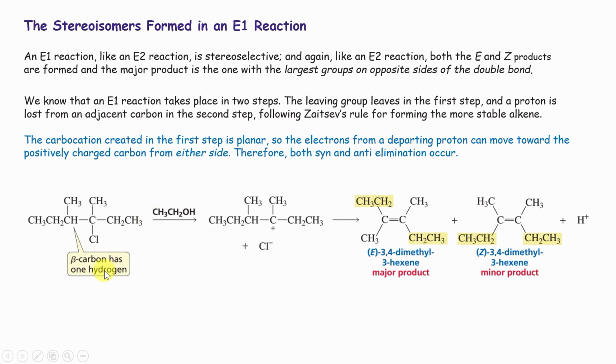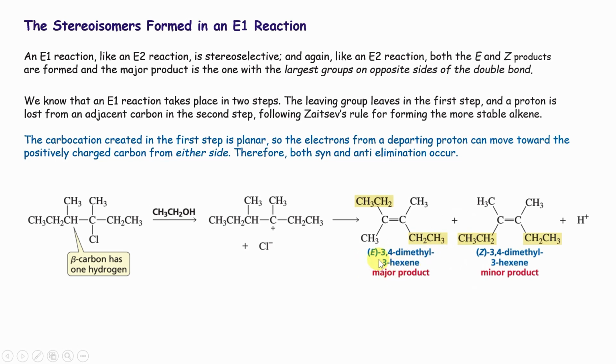See this reaction. Here the beta carbon atom has one hydrogen. It is the beta carbon atom with respect to this carbon, which has only one hydrogen atom. On treating with ethanol, the solvent, the E1 reaction takes place to form first the more stable tertiary carbocation, and from this a proton is removed to form these two products.